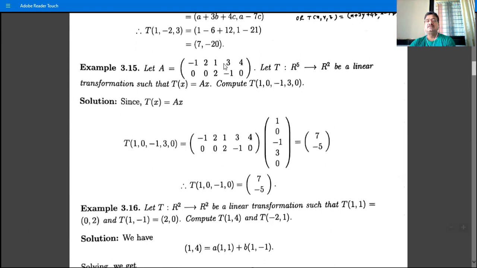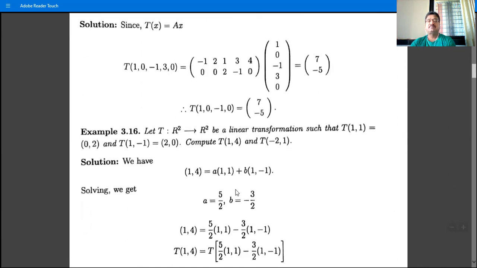Then A is this, and x is this column matrix. After multiplication of these two matrices, applying the first row on the first column, we have 7 as the answer, and applying the second row on the column, we have -5. So T of (1, 0, -1, 3, 0) is (7, -5).